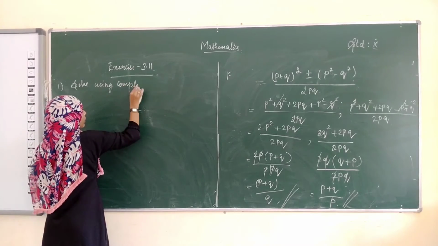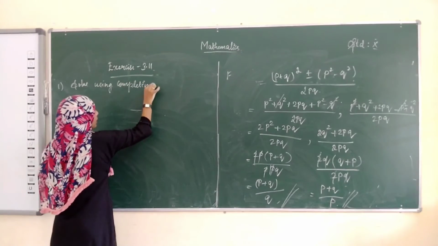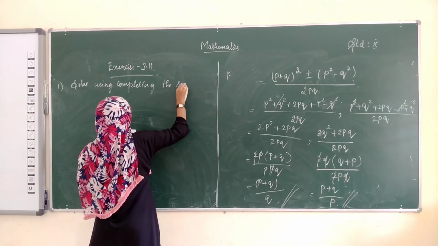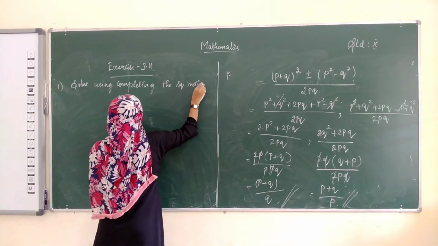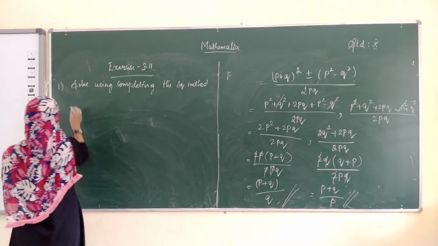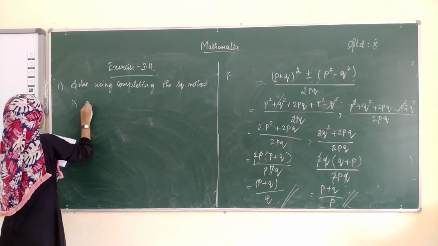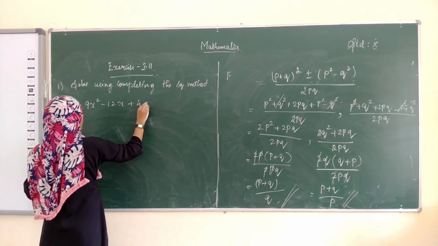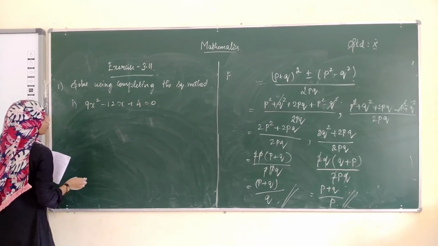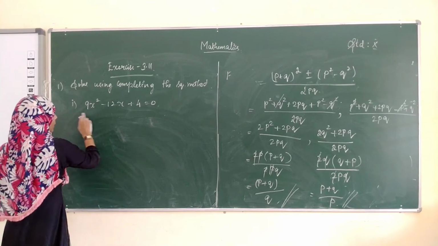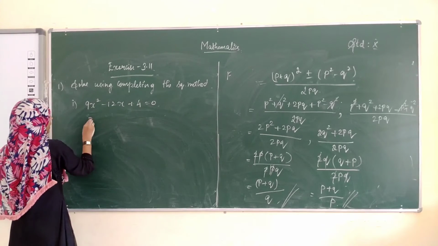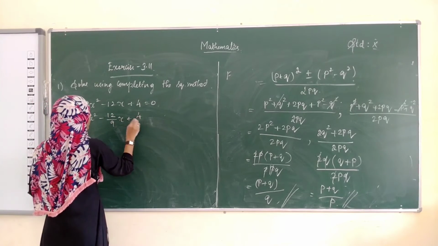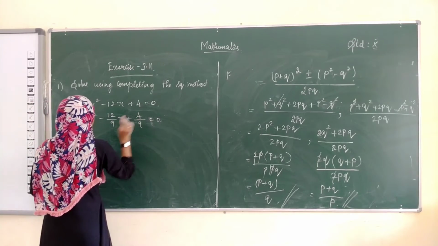This is the method we have learned in this video at first, right? Completing the square method. This question we have given 9x square minus 12x plus 4 equal to 0. What we have to do? We have to divide the whole term by 9: x square minus 12 divided by 9 into x plus 4 divided by 9 equal to 0.